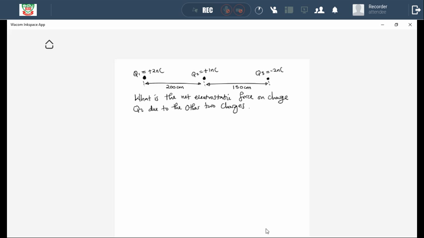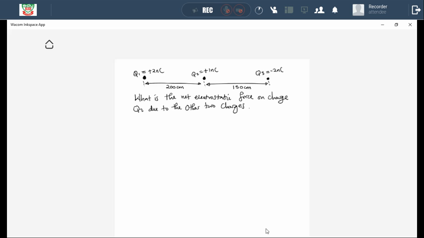Now, as we do so, we must remember that these are charges, and they have got different influence or interference on each other. So what can assist us also is to come up with a free body diagram, which can show us the direction of each force.